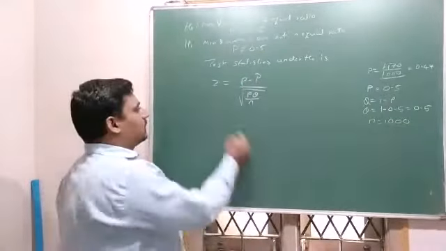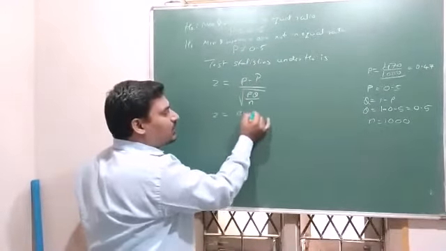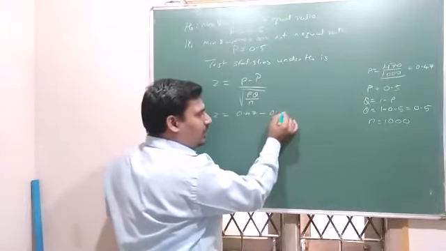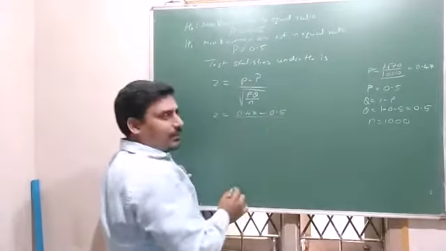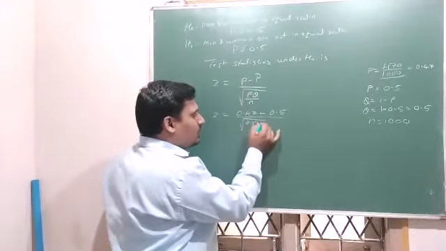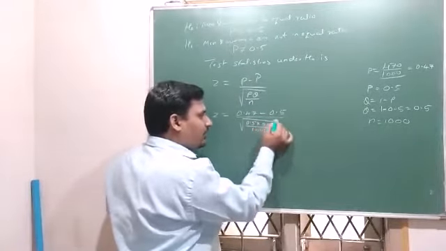Now let us solve it. Z is equal to 0.47 minus capital P 0.5, divided by root of P into Q, that is 0.5 into 0.5, divided by N, which is 1,000.